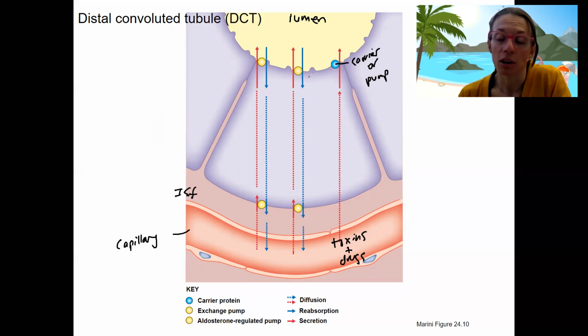Then we've got a protein that we've seen before. It's an antiporter. So these are both exchange pumps, which are pumps, so they're going to use ATP, and they're both antiport.